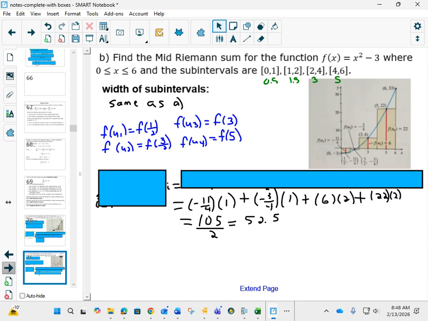You're going to need to know how to do it, but you're not going to get deducted for notation errors on multiple choice. So we just need to find, for rectangles, width times height. And the height you will always get from your equation, right? By plugging in the values. And this time the values we plug in are our midpoints.